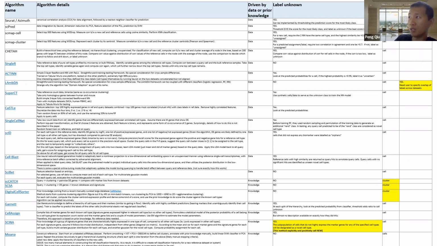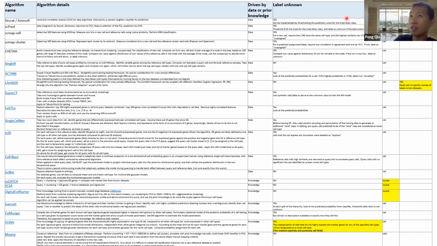So ideally, a good cell type annotation algorithm based on, say, existing reference data should be able to work with multiple reference data sets. Okay, and if the algorithm is utilizing many reference data sets, hopefully, even though each reference may contain some error, their consensus could be a comprehensive and accurate atlas that we use as reference to annotate new data.